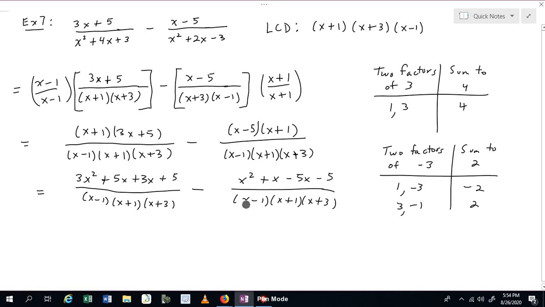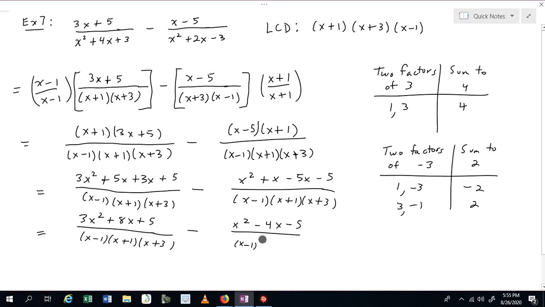Now I'm just going to clean this up a little bit. These would add up to 8x. And this would add up to minus 4x. Now we're actually going to subtract the two numerators.